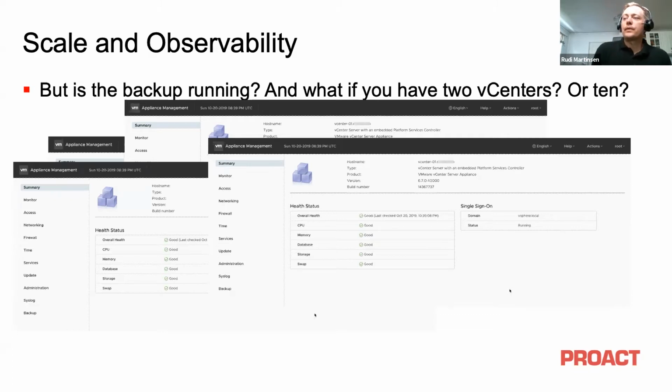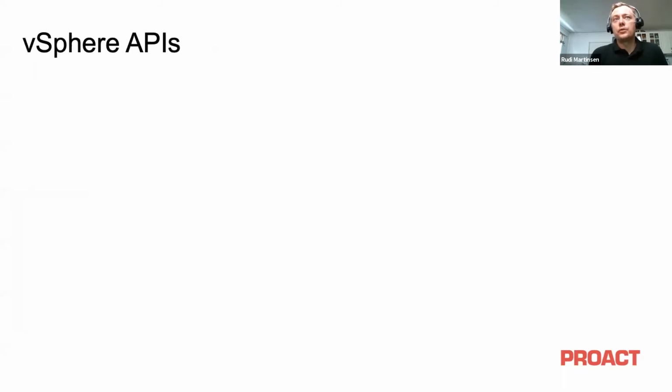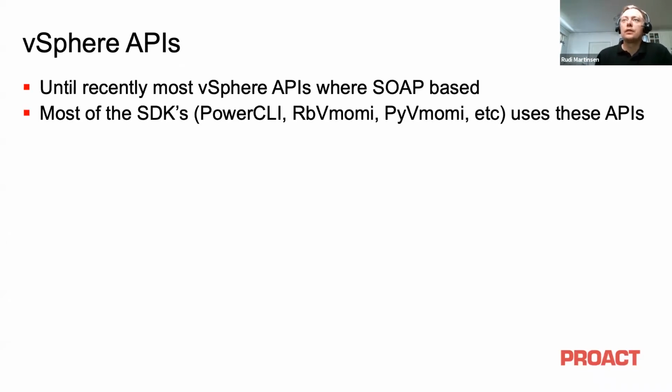So to do that, we'll use the APIs available. First, a few pointers on the APIs themselves. Until recently, most of the APIs available for vSphere were SOAP-based. SOAP is a protocol, like HTTP is a protocol, and also TCP, and so on.